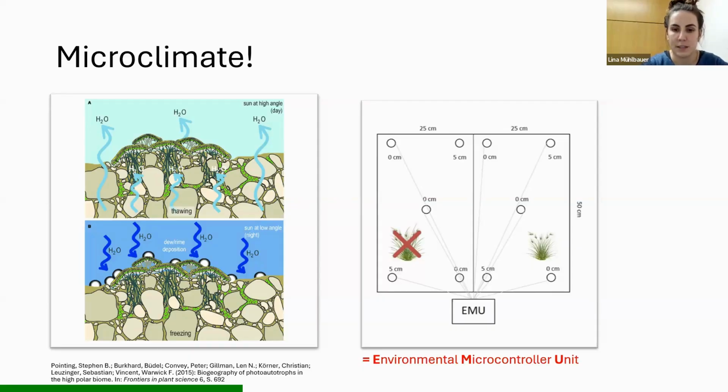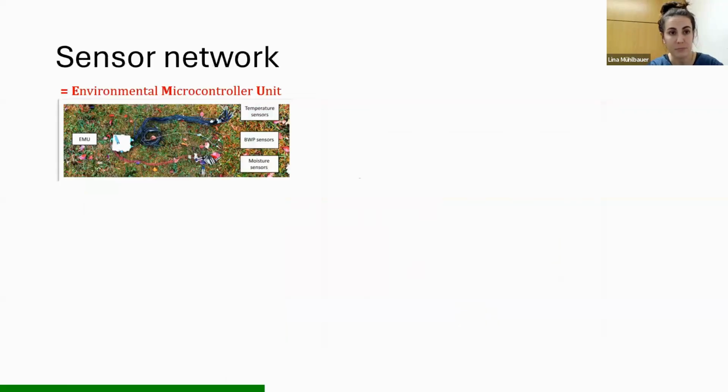The environmental microcontroller unit is where the Arduino, the brain basically, sits. I will show you a more detailed plan of it later on. This is a picture of one environmental microcontroller unit, and several of these EMUs build the sensor network.